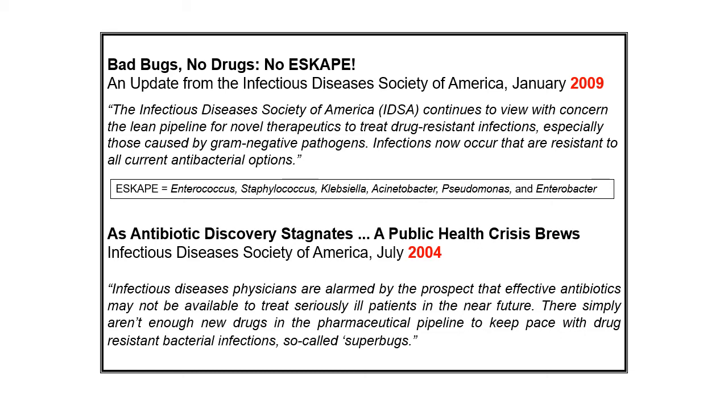You see here some concerns even from 10 or 15 years ago about the lack of new discoveries and the lack of new antibiotics coming online. I actually am hopeful that the situation is getting a little bit better currently. In the last 5 years, there seems to be a lot more money and attention being paid to creating new antibiotics. So I think the situation is a little more hopeful now than it was even 10 or 15 years ago, but we will see.